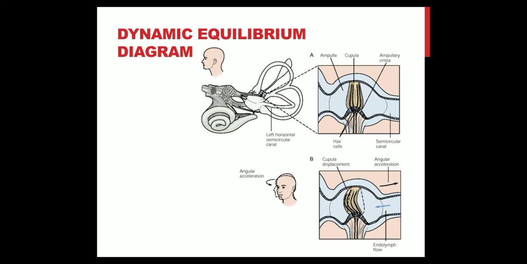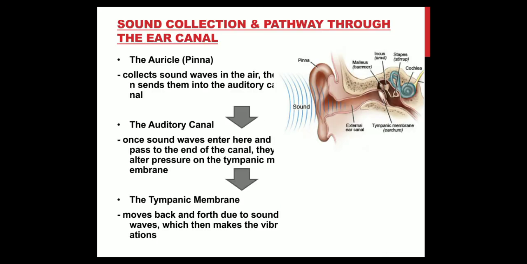This is a clear concept. Whenever we are spinning or rotating, after stopping also we feel like we are rotating. This is the reason for that feeling. This is the overall idea for dynamic equilibrium.